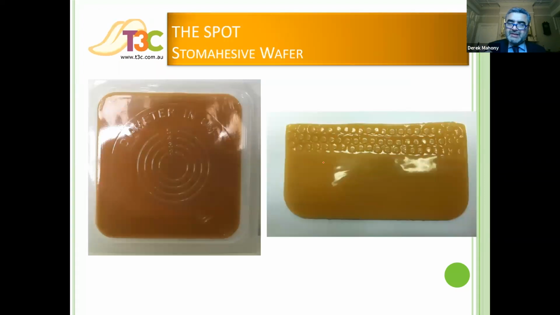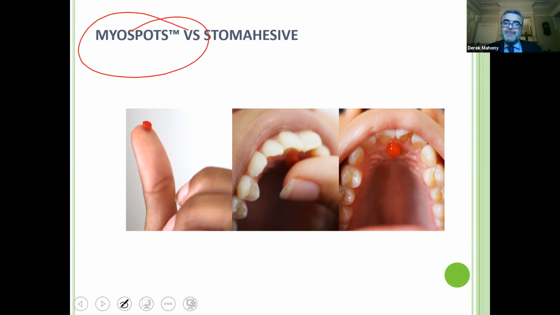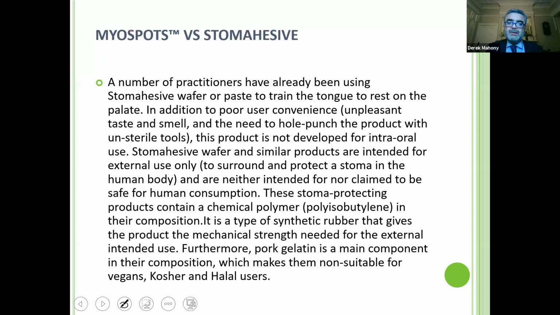Now, I used to use this, but the problem is this is really designed for external use, and you shouldn't really put it in the mouth. This is what I now use. It's called a MyoSpot, and I'm very proud to say that's an Australian invention by a group in Brisbane, and it comes in different flavors. It's easy to stick on, and can you see how the tongue can sit in the right spot because of that?